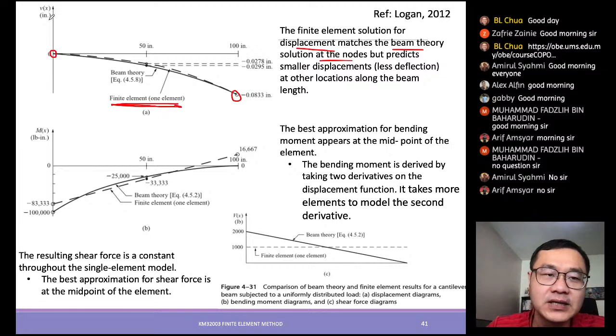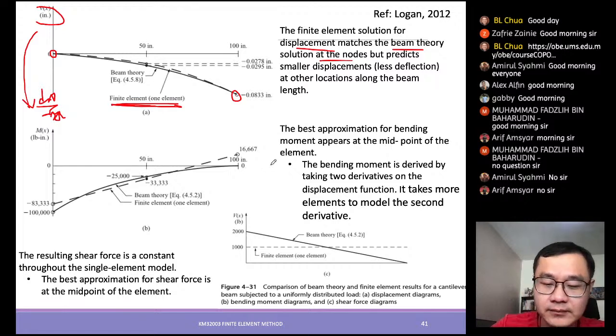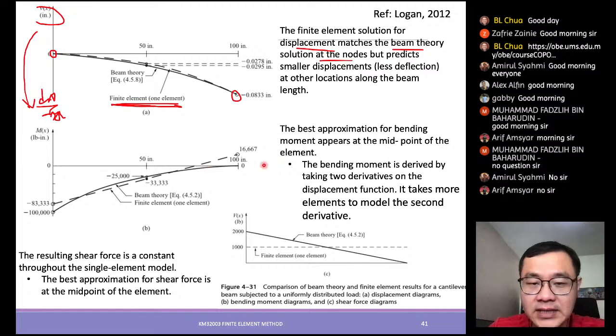Then from the displacement, to get the moment, we differentiate with respect to x. Therefore, this curved line now turns into a straight line for the finite element, one element. Once we turn this into a straight line, you can see the solid line is the exact solution.